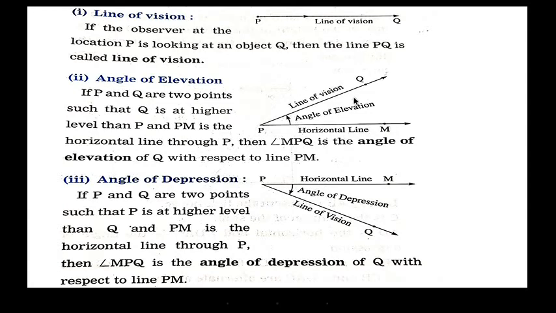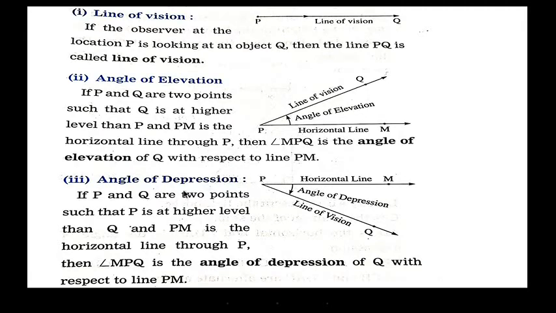This line of vision makes an angle with the horizontal line. This angle is called the angle of elevation. So if the observer is looking at an object above the level of the observer, the angle which is made is called the angle of elevation.